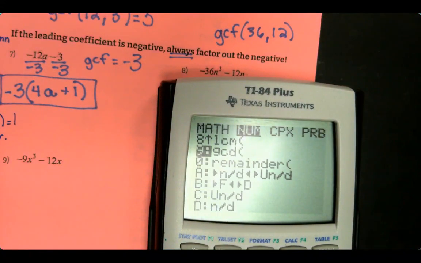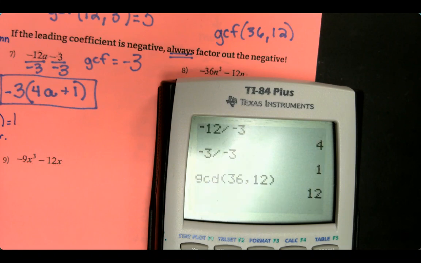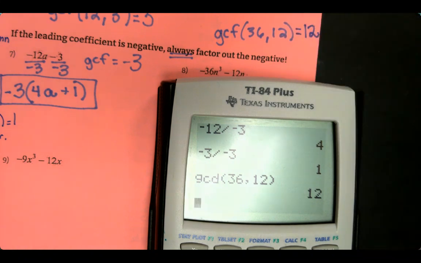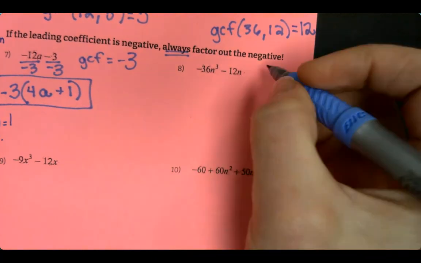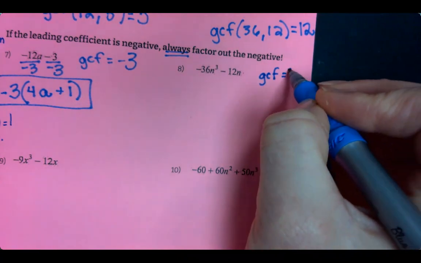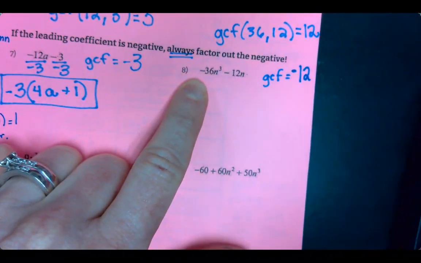And so we do the GCD of 36 and 12. And it's 12. So whenever we write our GCF, we're going to put negative because the first term is negative, so negative 12.